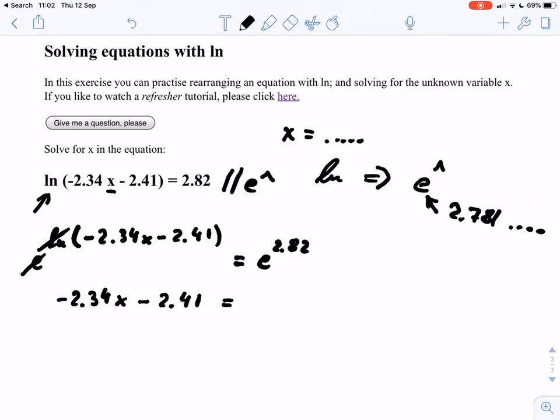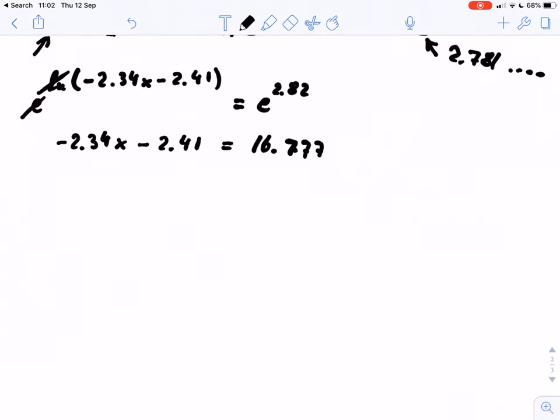And using a calculator, this would give us 16.777, something like that. Now, all we have to do now is solve this equation.